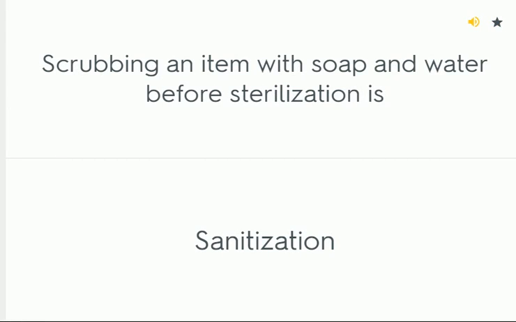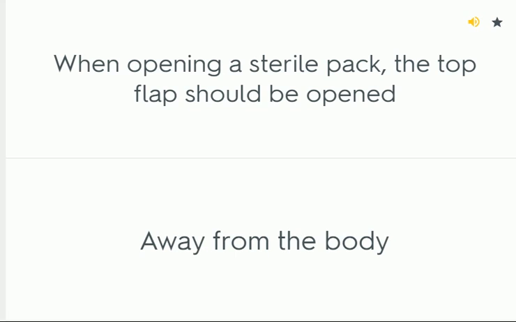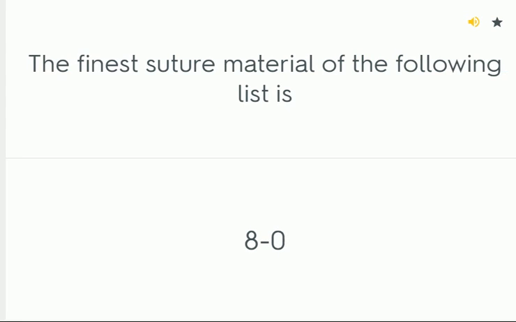Scrubbing an item with soap and water before sterilization is sanitization. The type of immunity that develops from having the disease is acquired active. When opening a sterile pack, the top flap should be opened away from the body. The finest suture material of the following list is 8-0.